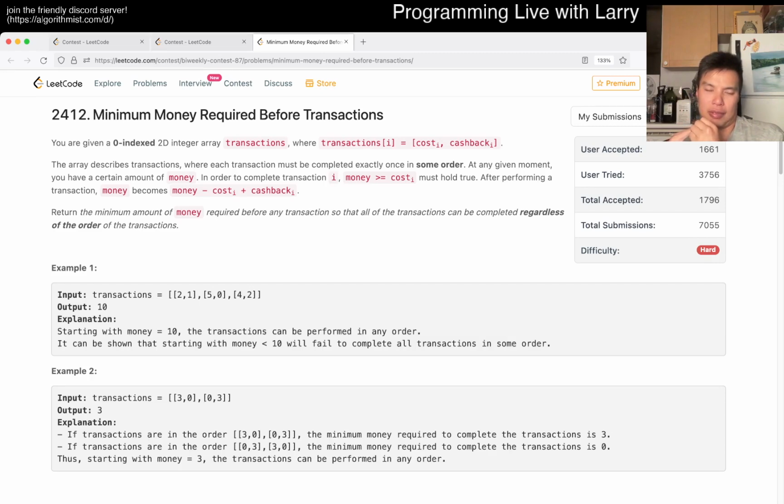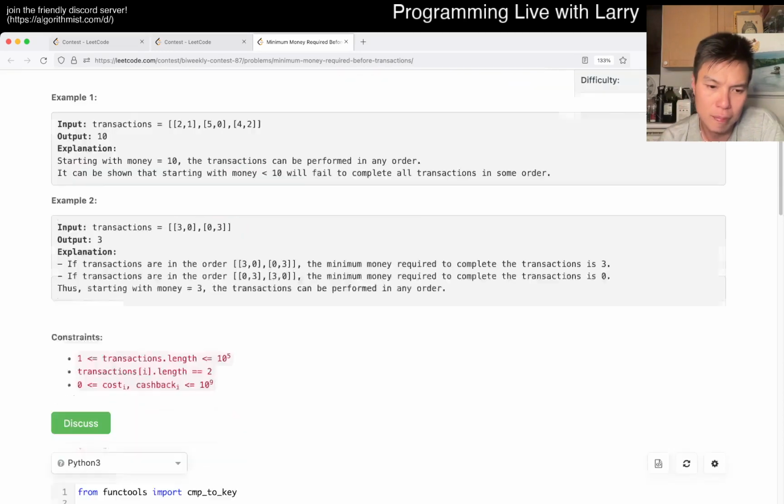Take the biggest, that's 5, and then it fails. Can I do n log square n? I think maybe too slow.